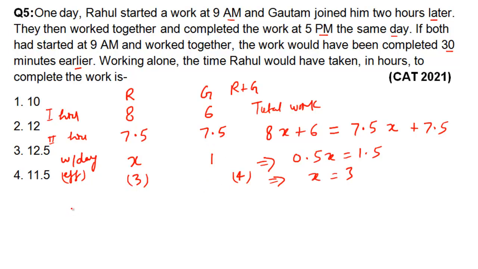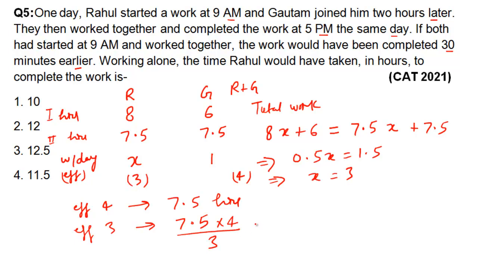When they are working with the combined efficiency of 4, how much time are they taking? 7.5 hours, right? And Rahul's efficiency is 3. So efficiency 4 is taking 7.5 hours, so efficiency 3 will take how much? 7.5 multiplied by 4 divided by 3. How have we done it?